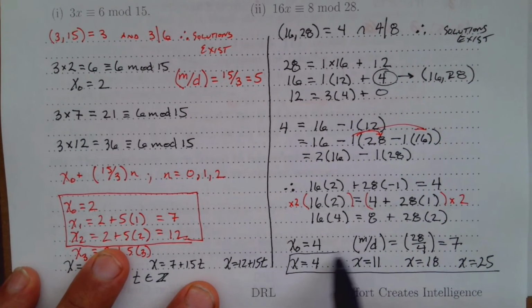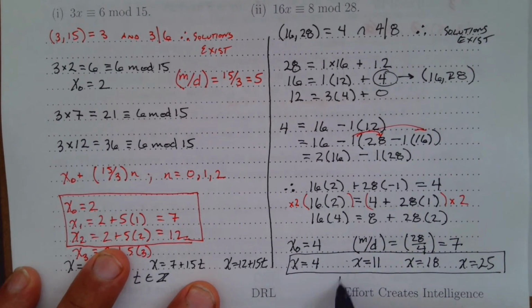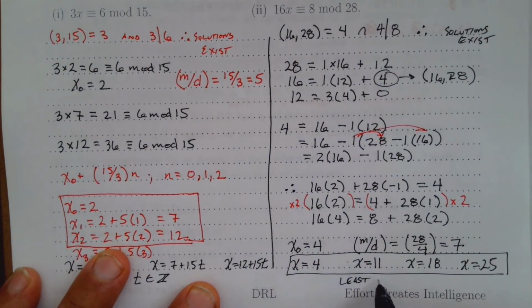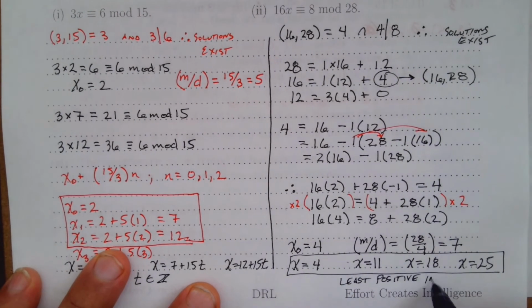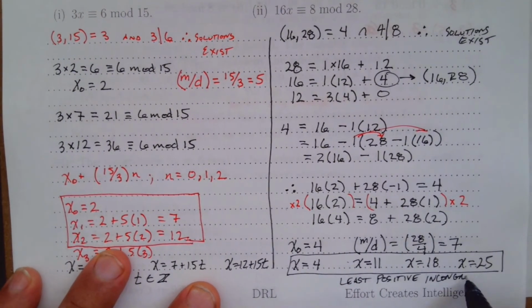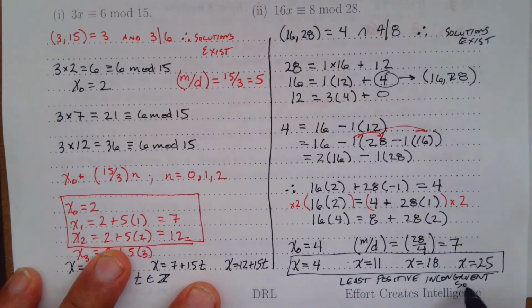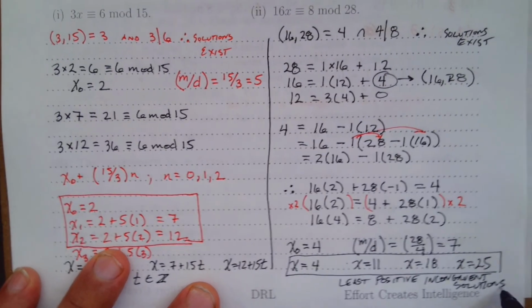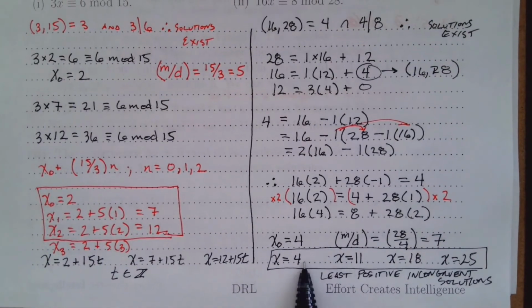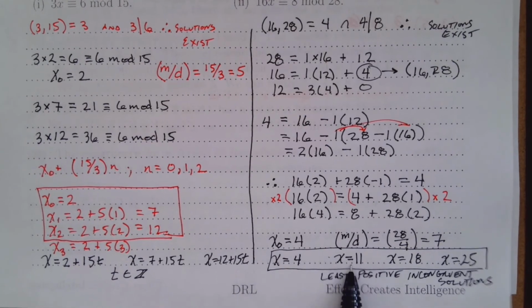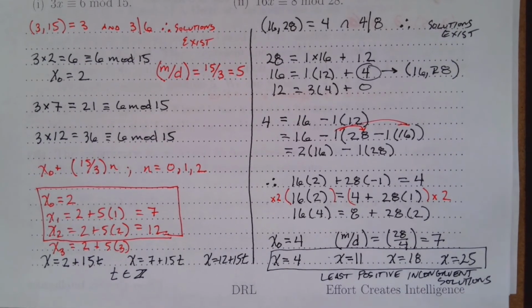So my least positive incongruent solutions are given by 4, 11, 18, and 25.